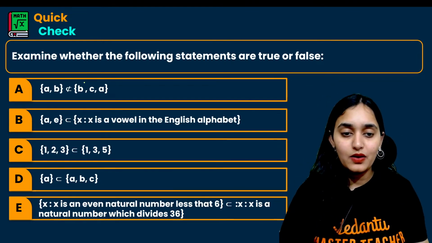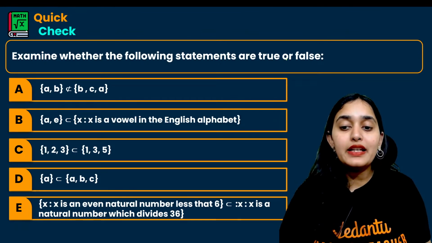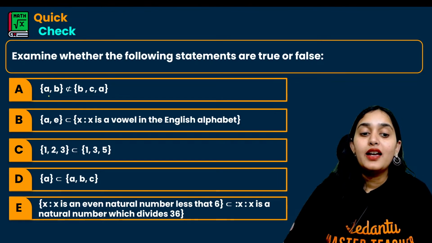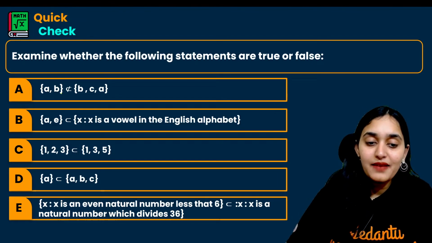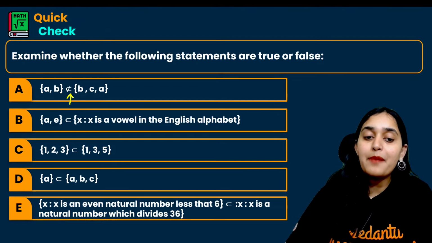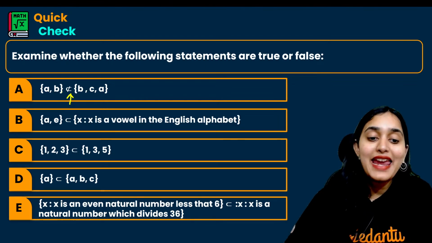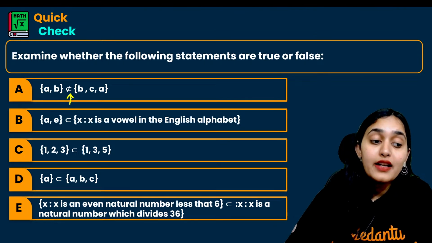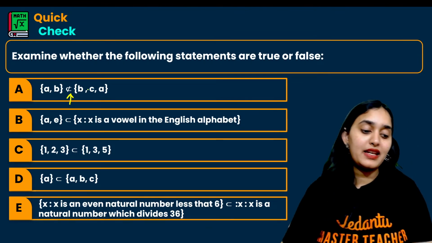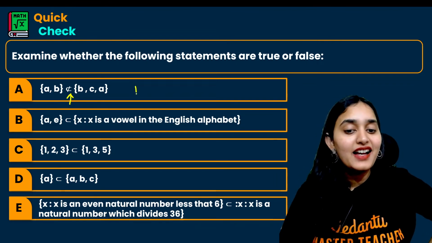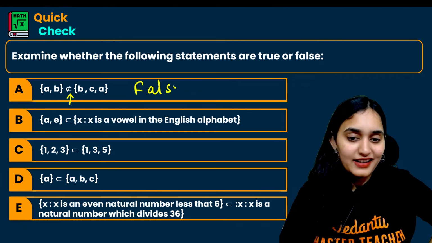Now let's solve some questions quickly. Comment the answers below. Examine whether the following statements are true or false. Set AB is not a subset of ABC. True or false? Any guesses? False.